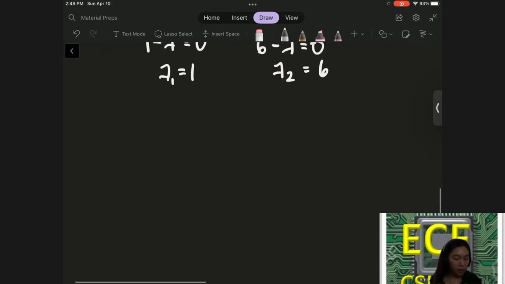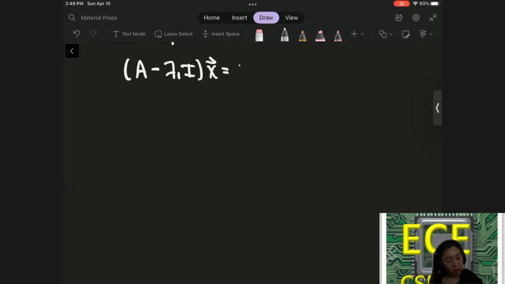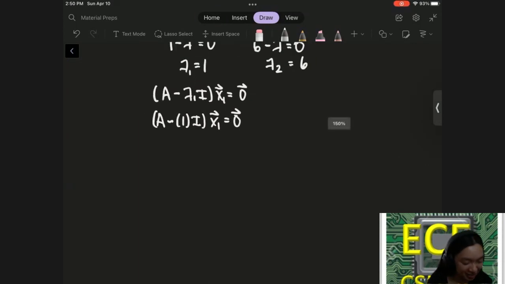Let's try to find the corresponding eigenvectors. To do that, I'm going to take the same equation I extracted from the proof: A minus lambda 1 times the identity times x1 equals the 0 vector. The first lambda was 1, and what was A again?